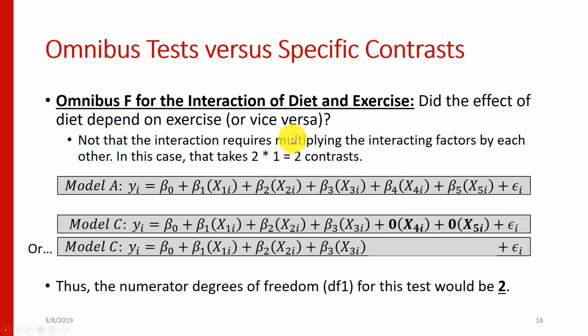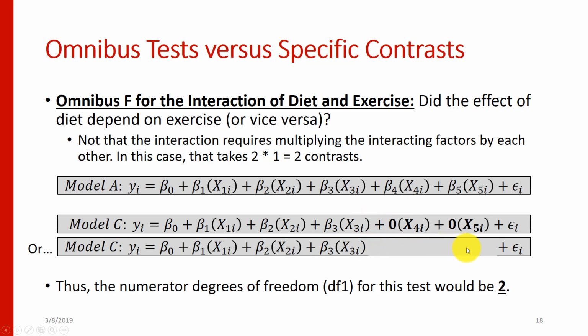So our interaction is going to be x1 times x2 to get x4, and x1 times x3 to get x5. So when we want to test the interaction, we're going to have to remove two coefficients from our model. So we're comparing a model A with everything in it to a model C where we're either forcing those coefficients to be 0, or we could write it just ignoring those coefficients altogether.